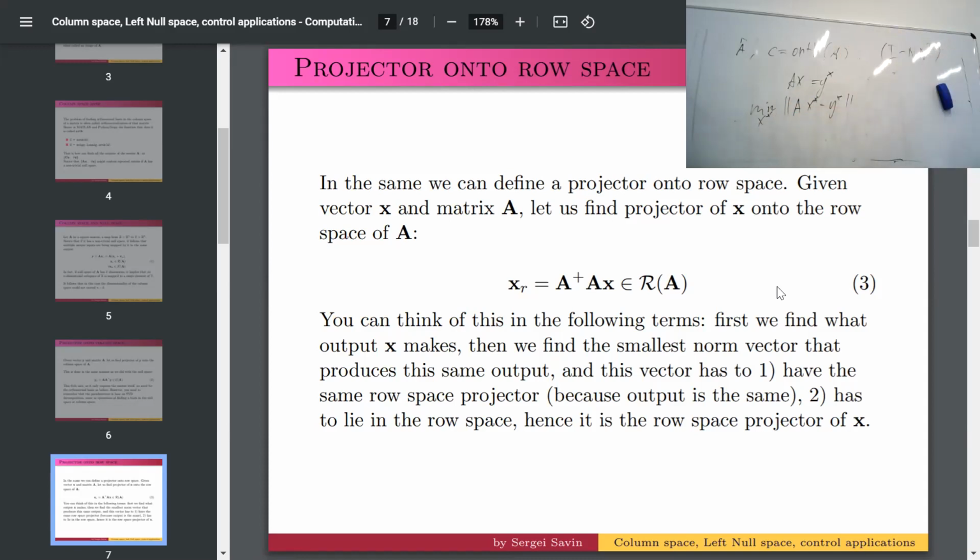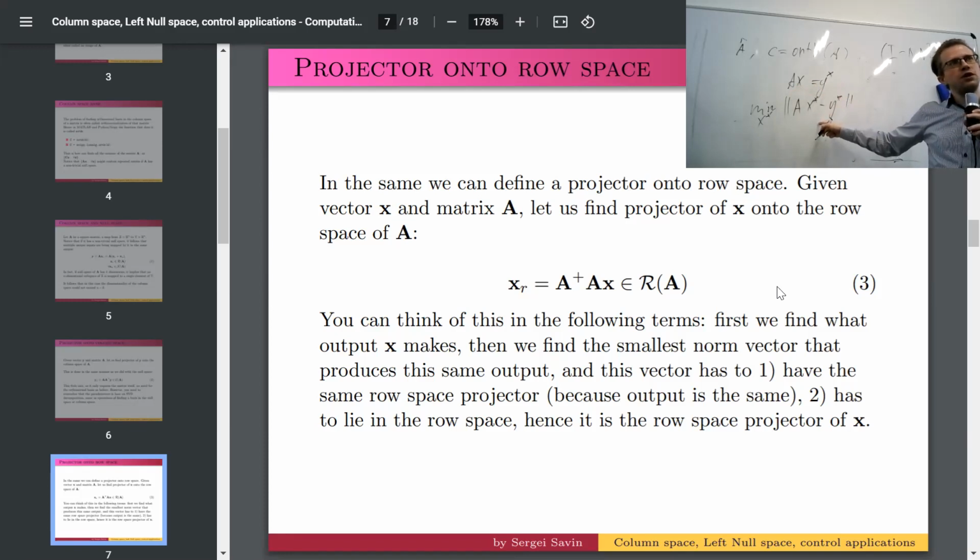What is this? This is, again, a least residual solution to this equation. But now this equation is going to have zero residual. Why? Well, because this is how we got the y star, right? We got y star by multiplying x by A. So y star has to be in the column space of A. So this is going to have zero residual.